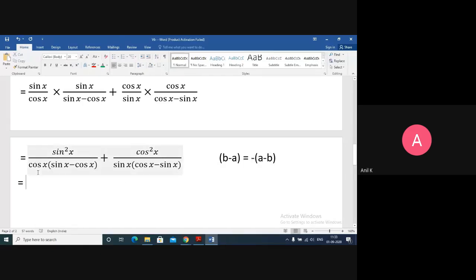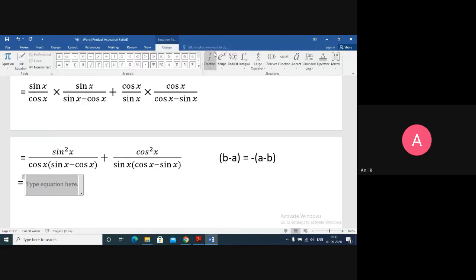And one more thing you can see here in the denominator: because I want to take the LCM, first I have to make the denominators the same. That's what we learned in class 6th. If you want to go for LCM, you have to make the denominators the same. Here you have cos x in the denominator, and in this denominator we have sin x. So to make the denominators the same, this is a little bit tricky. For the first fraction, I'll multiply both numerator and denominator with sin x.